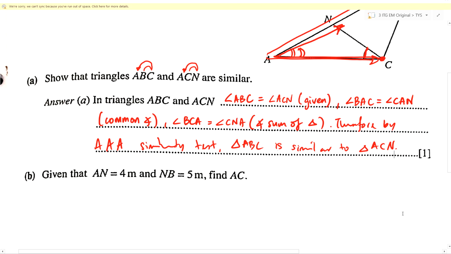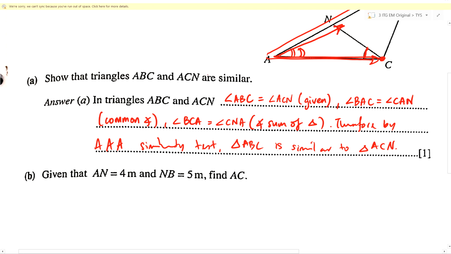Next part, they give you some lengths. This is a similar triangle question, so you can be sure that they're going to be dealing with ratio of sides. I'm going to make use of what was proven in part A. So I'm going to come up with the ratios. For either triangle we have three sides.